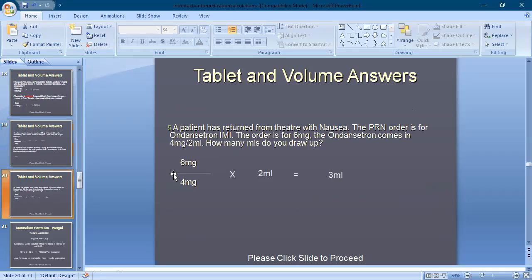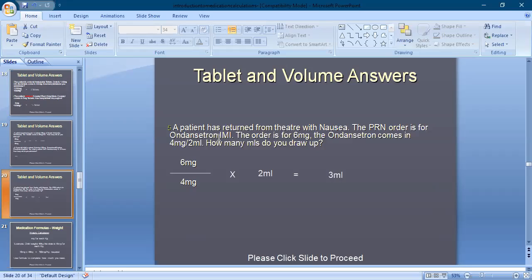So next here, a patient has returned from OT, operation theater, with nausea and PRN. What does PRN mean? PRN means as needed. When the patient needs it, we give it to them. As needed, the order is for ondansetron IM.